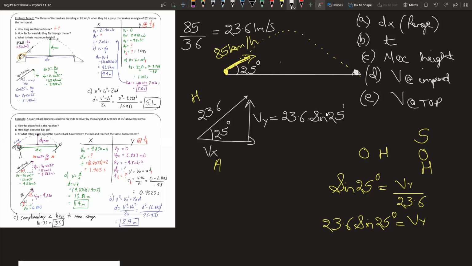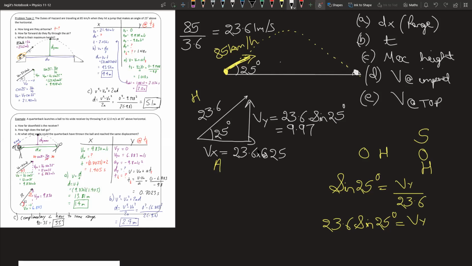You don't need to do all these steps. Make sure your calculator is in degree mode and type in 23.6 times sine 25. That should give you 9.97. Similarly, the x component involves A and H, which is cos, so this is going to be 23.6 times cos 25.